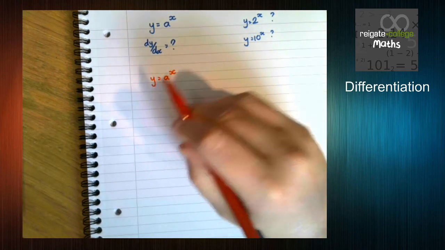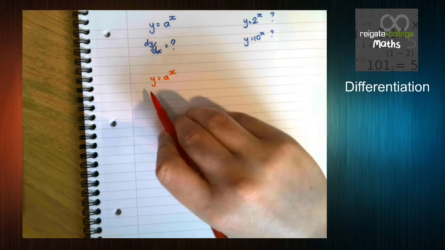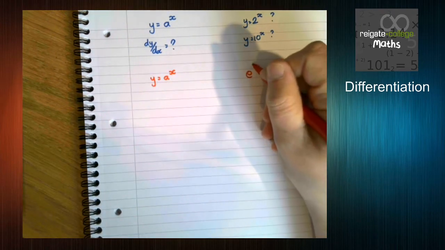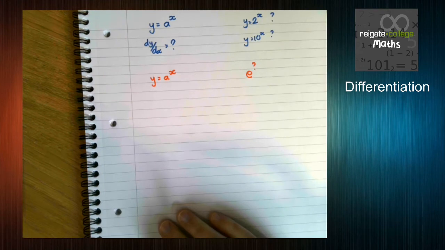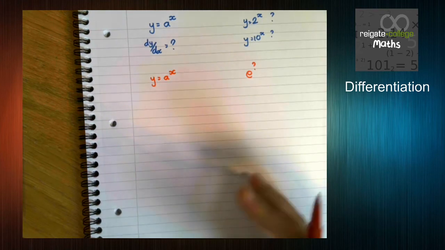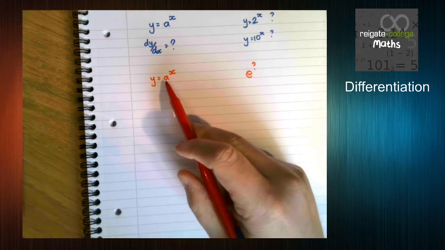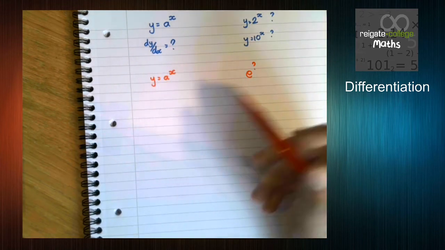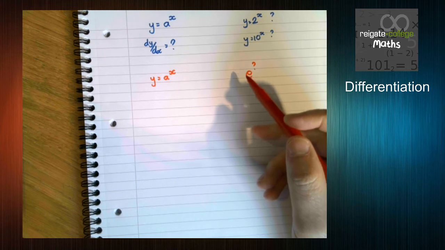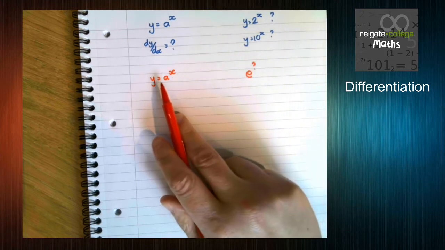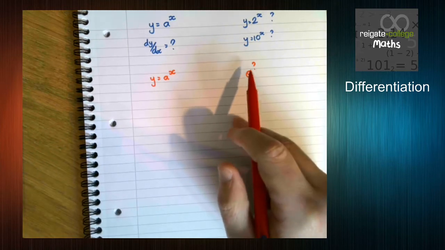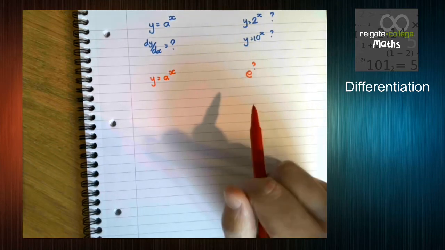We know how to differentiate e to the power of something. So how can we write this as e to the power of something? Because we don't have an e here, we need to think of what we would do to cancel out the e's.